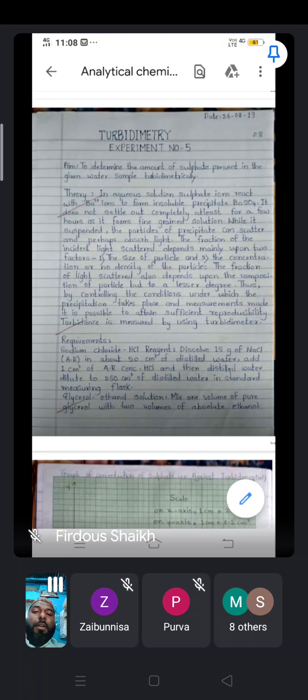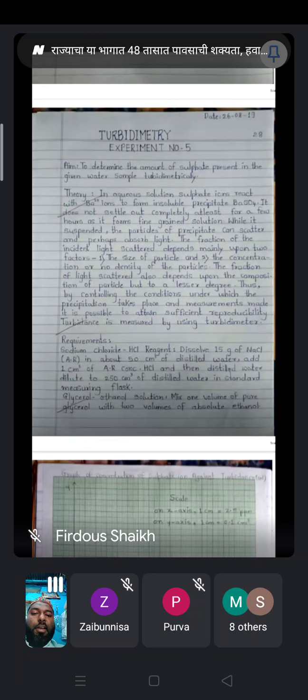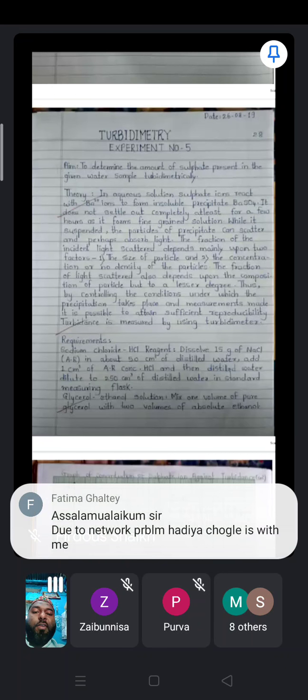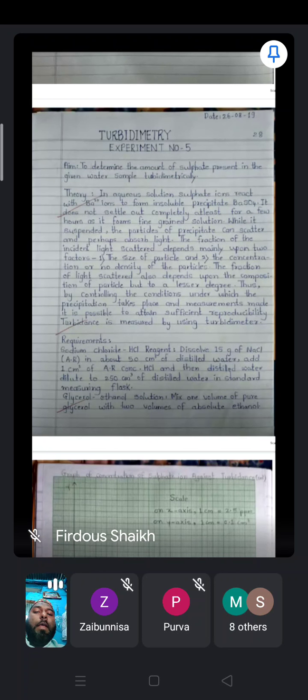In the theory part, you can see the aqueous solution of the sulfate ion present in that particular sample will react with the barium 2 plus ion to form the insoluble precipitate.